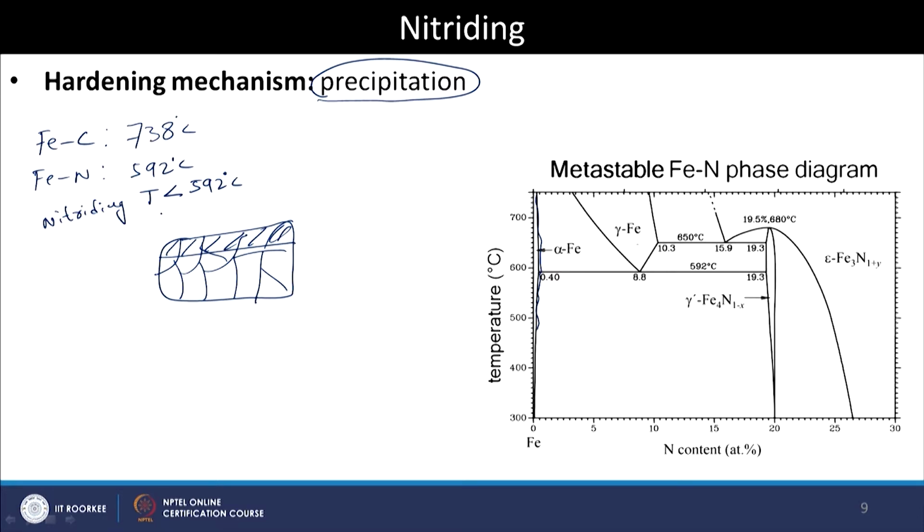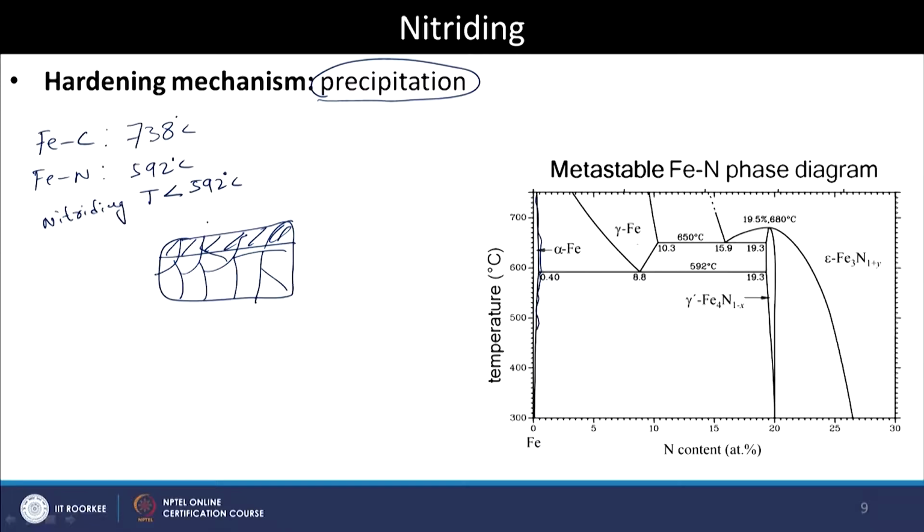So, you have a component which has already fixed its internal bulk microstructure, and now I do not want to change anything of the bulk property. That means, I should not heat it up to too high temperatures where transformations can happen. Now, because it is a low temperature, nothing will happen there, but now how will the hardening happen, right.